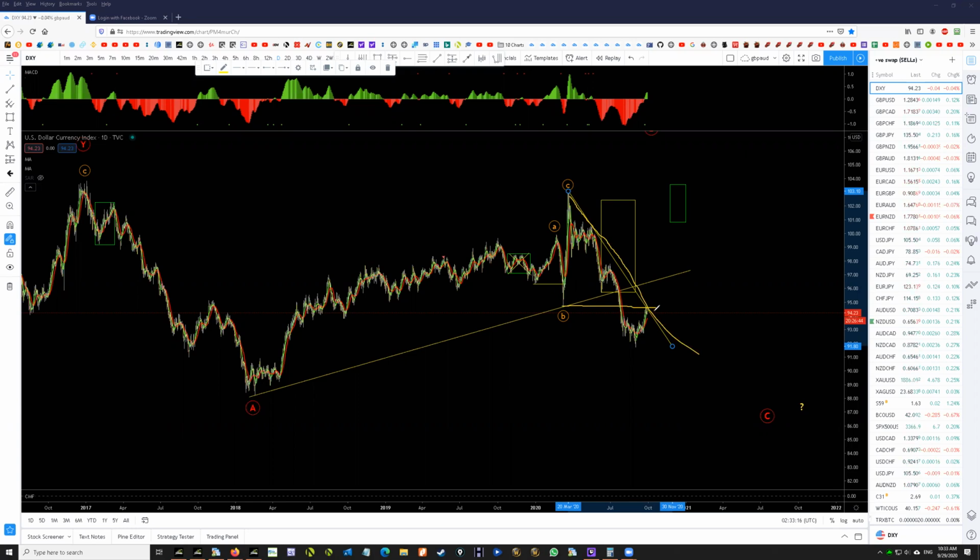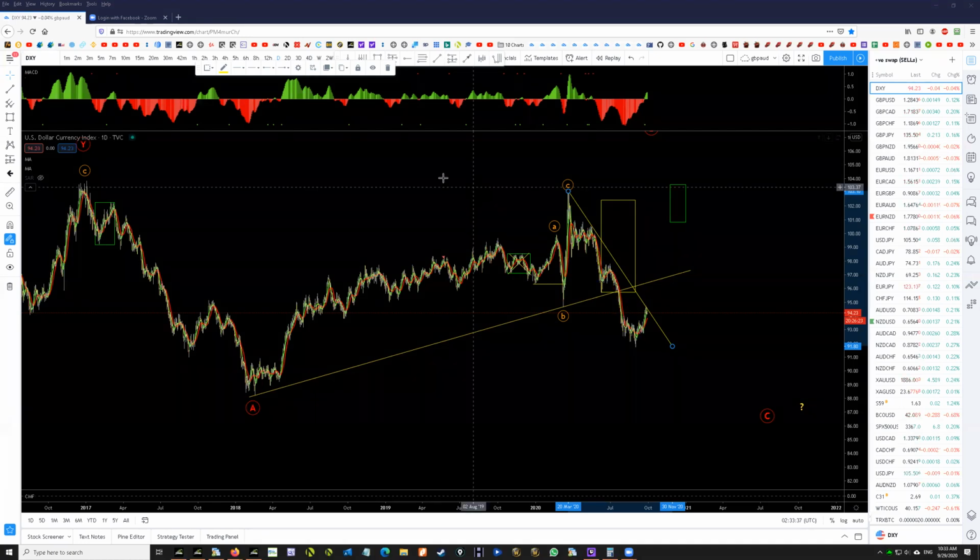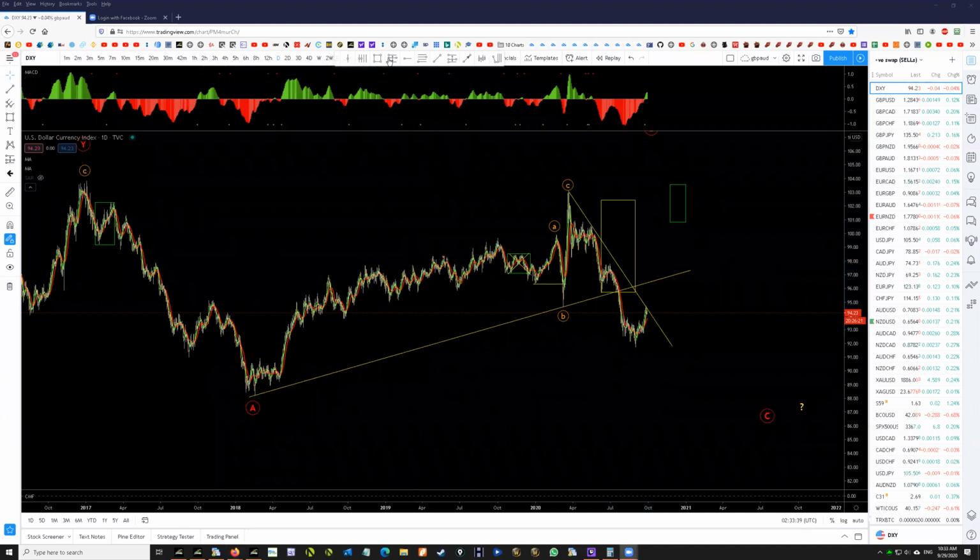If the dollar falls, if this does happen, I'm not saying that it's going to happen, but I do have this plotted out. There's going to be some divergence over here for sure.